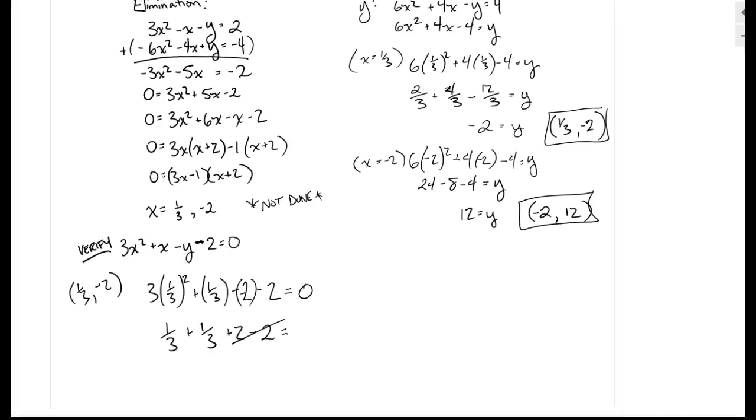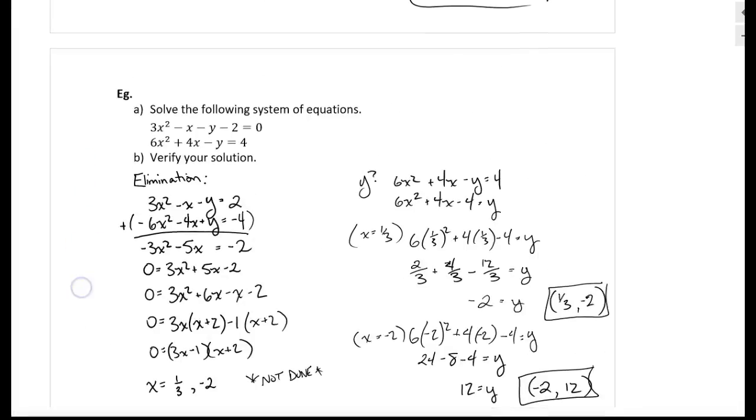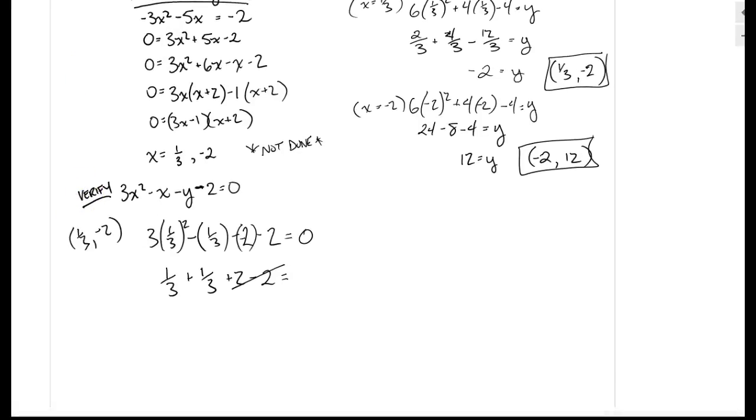Let me double check this. Okay, and this is why we verify, although in this case it actually was just a human error. This should be minus because this equation is subtract x. If I'm not mistaken, yes, subtract x, which means we're subtracting here. 1/3 minus a third also cancels out, which means this is true.